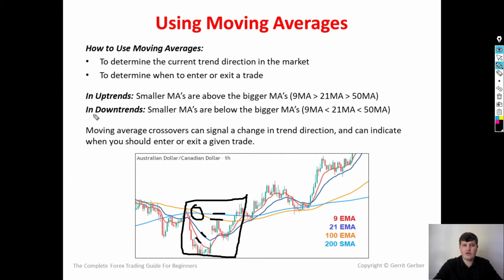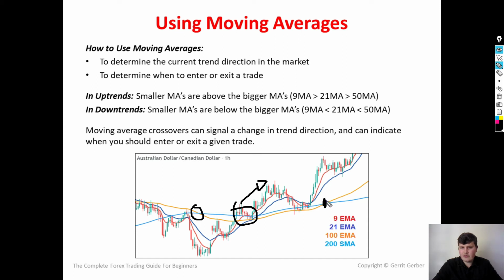So according to these rules, the smaller moving averages are below the bigger moving average. So in this specific area, we are on a downtrend, and as you can see, the moving averages cross over each other over here, and we enter into an uptrend over here.